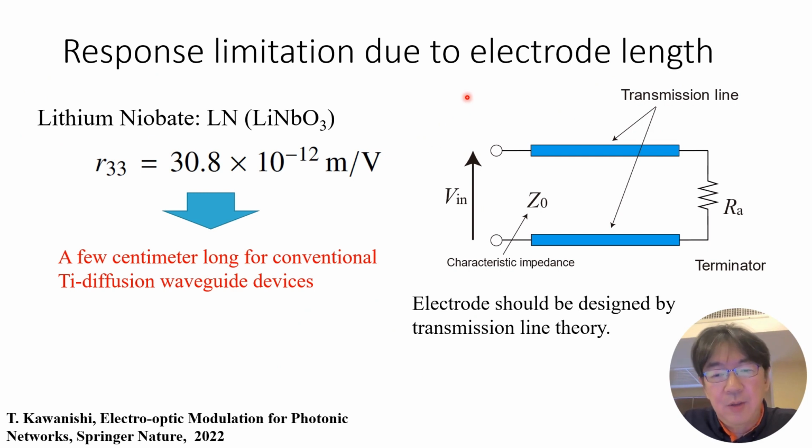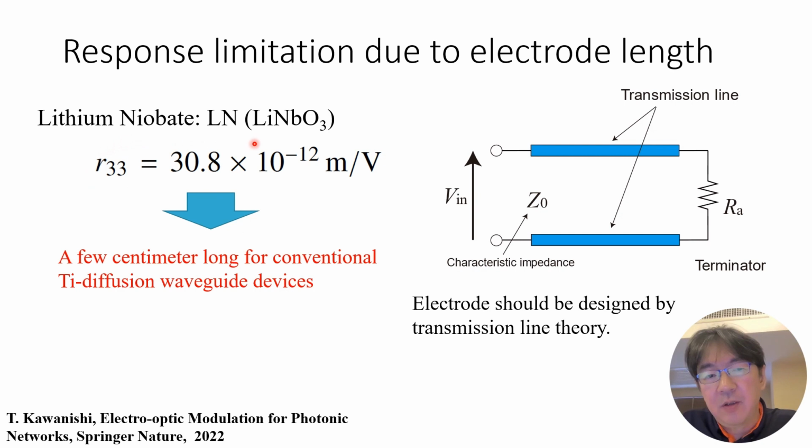Here I'd like to talk about the response limitation due to electrode length. As I mentioned, lithium niobate has a large EO effect, but we need a few centimeter long devices for conventional titanium diffused waveguide devices.